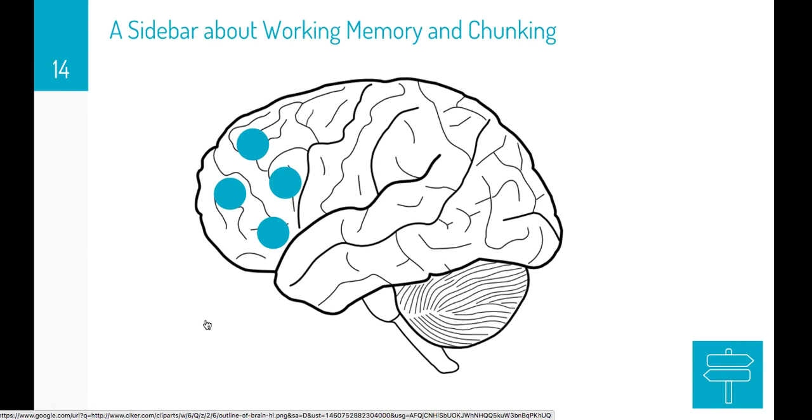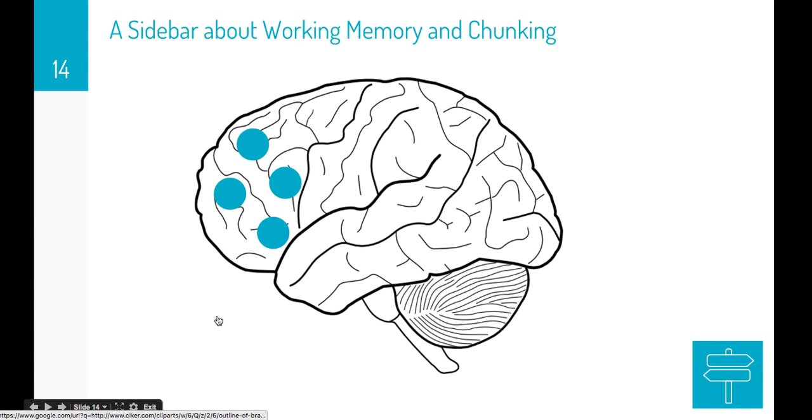So there are many different types of memory, but the two most important ones that we're going to cover now are working memory and long-term memory. So long-term memory is information that you've acquired in the past and it's stored away in your filing cabinet, while your working memory works mostly in your prefrontal cortex, and that's immediate memory for what it is that you're doing right now.